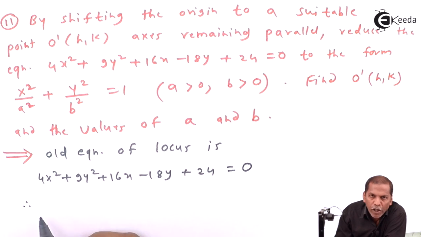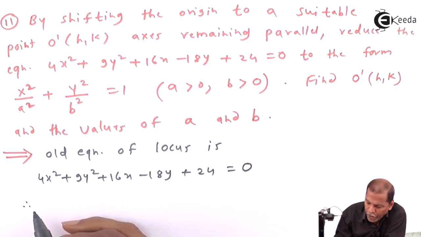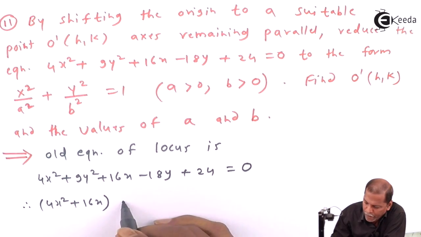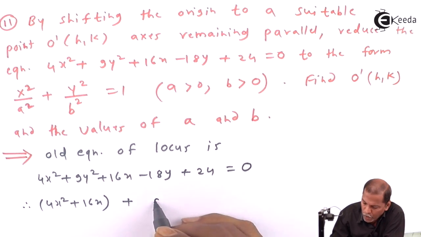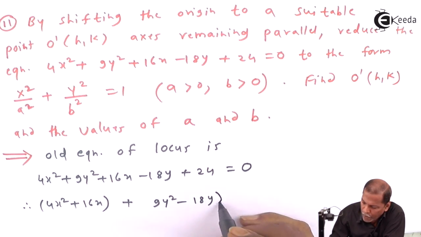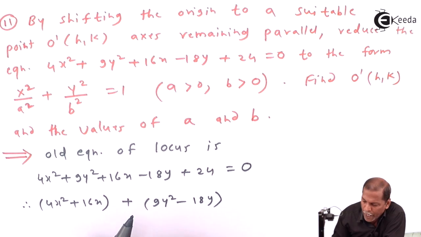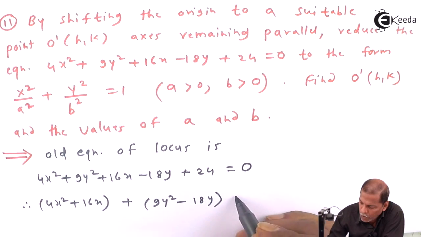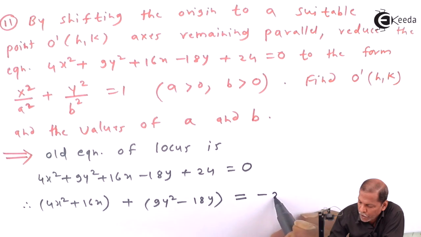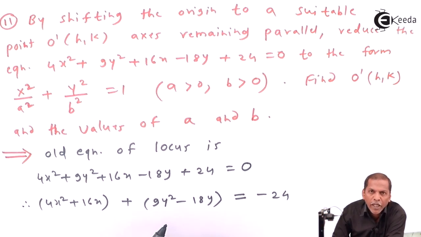Now rearranging the terms, we get (4x square plus 16x) in one bracket plus (9y square minus 18y) in second bracket, and that is equal to plus 24. We shift on RHS, so we get minus 24.